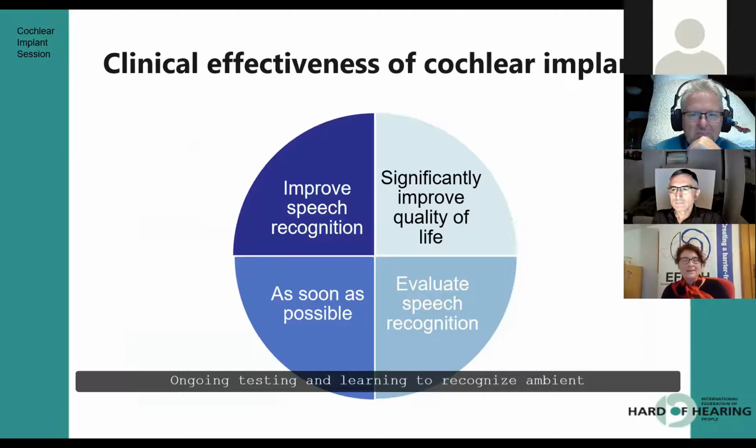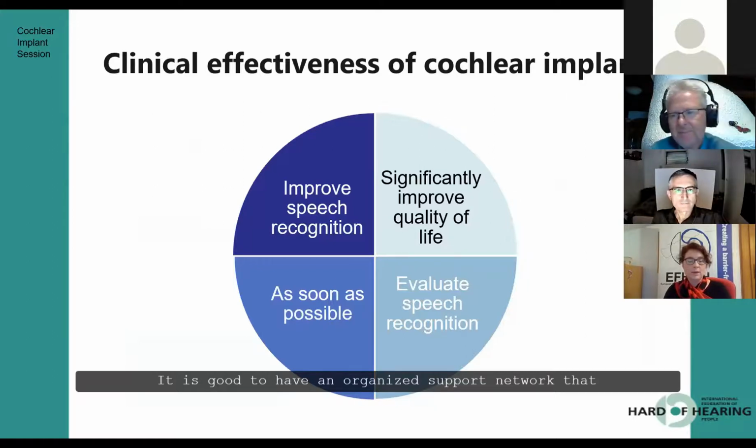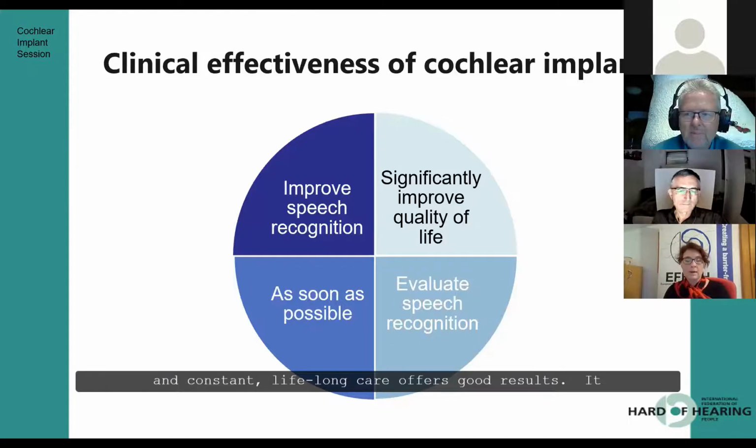Ongoing testing and learning to recognize ambient sounds are a must for any cochlear implant recipient. It is good to have an organized support network that encourages and supports individuals in using the implant, because it can happen that someone despairs if the implant does not work as expected. Only good rehabilitation and support, and constant, lifelong care, offer good results. It is not as simple as maybe somebody thinks.